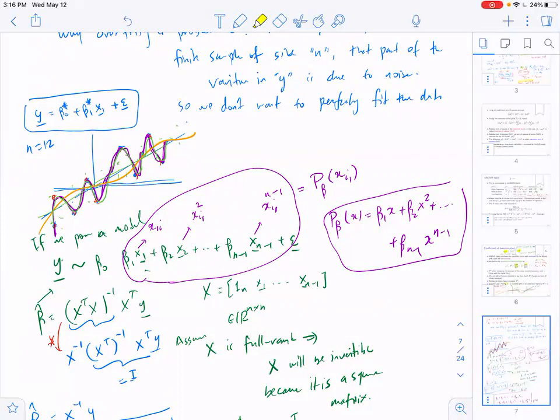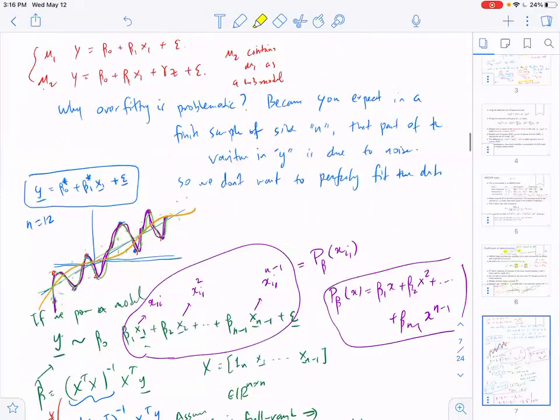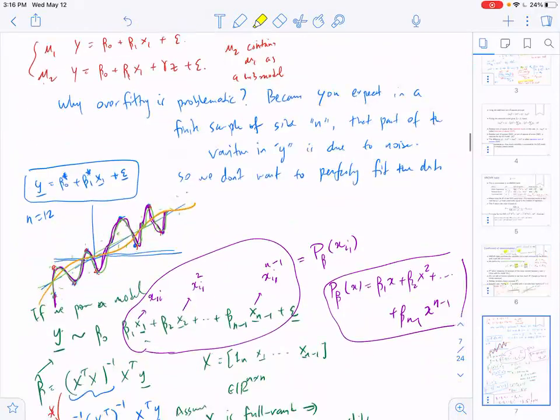You can do a sequential F test and test this model that includes these two against the super model that includes the third term. If you don't reject, you stay with this. If you reject, you go to this model, and then you add another term and test again. This sequential way is one approach. There are other approaches as well that we're going to discuss at some point.